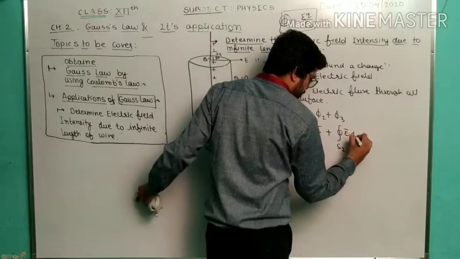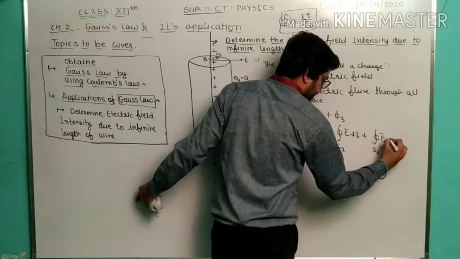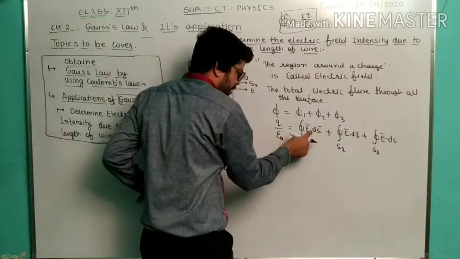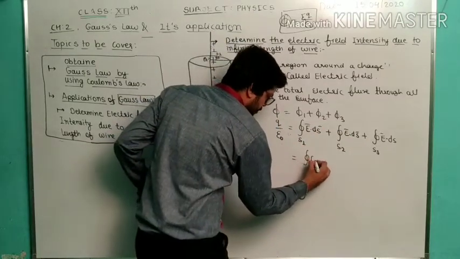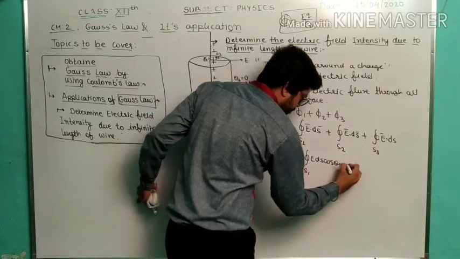So this is E dot ds. And here S3 surface area, E dot ds. Okay. So when we open a dot product, it will give the cos component. So here E ds cos theta 1, here S1.